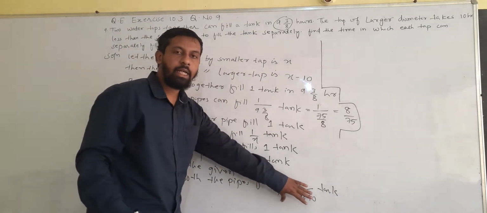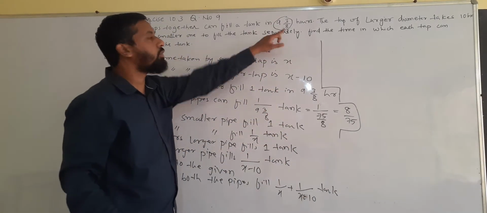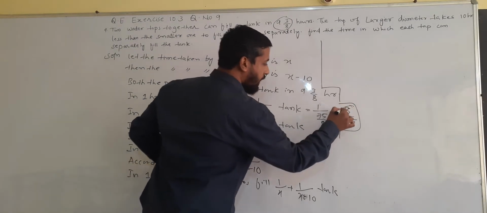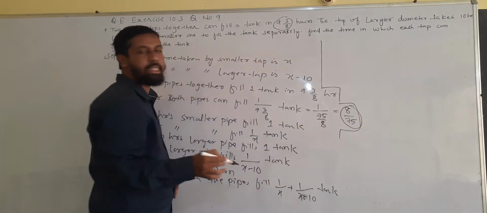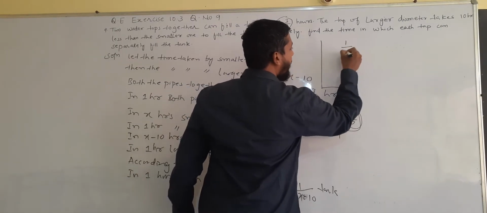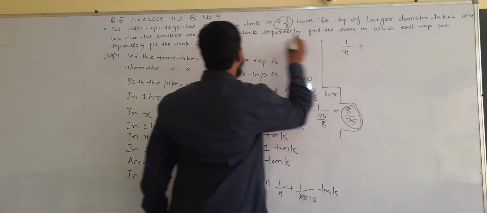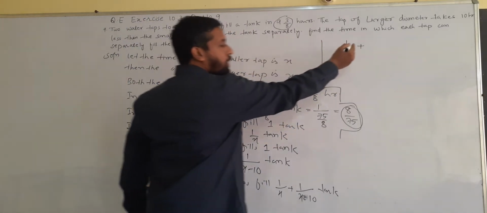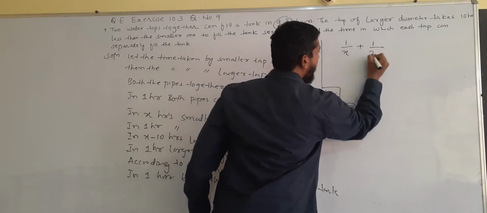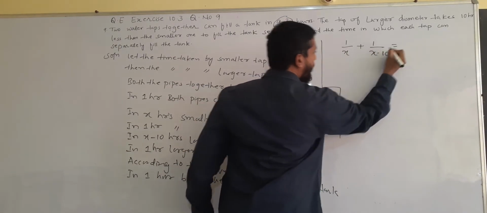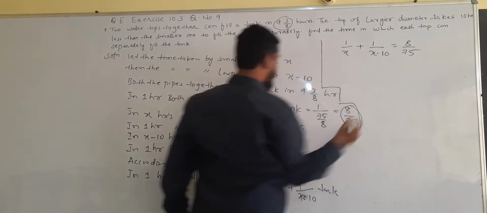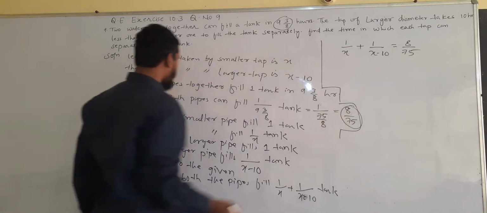Both together can fill the tank in 9 3 by 8 hours. Now I can write 1 by x plus, since it is saying together, the sign will be plus, 1 divided by x minus 10 is equal to 8 divided by 75.